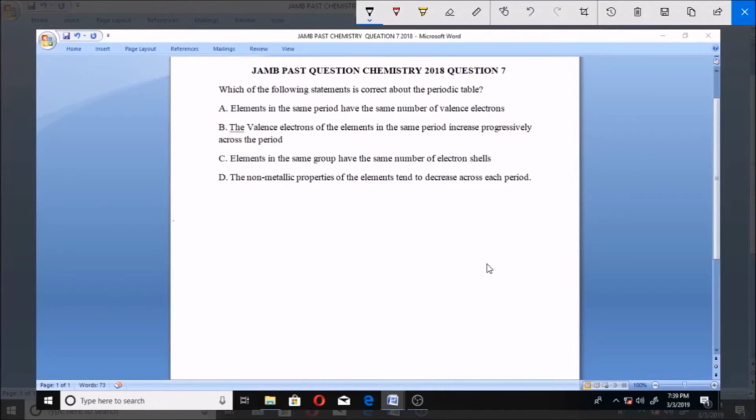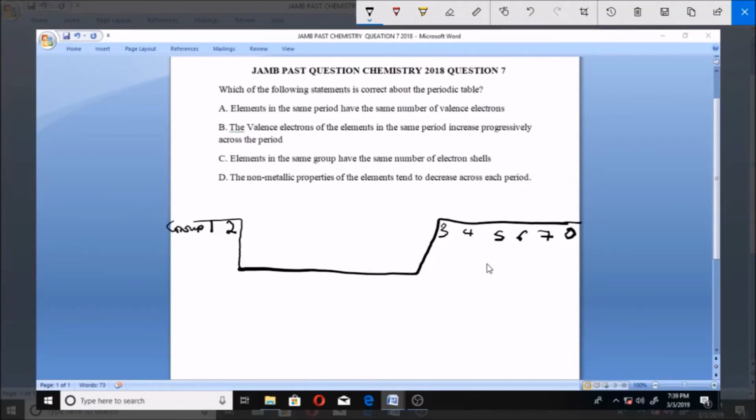We know that the periodic table is the arrangement of elements according to their atomic numbers, and basically they are arranged into groups of 1, 2, 3, 4, 5, 6, 7, and finally 8, which is actually group O. So that is the groups of the periodic table.